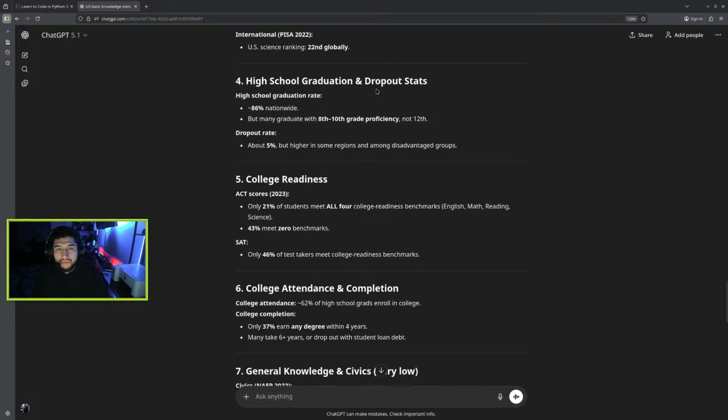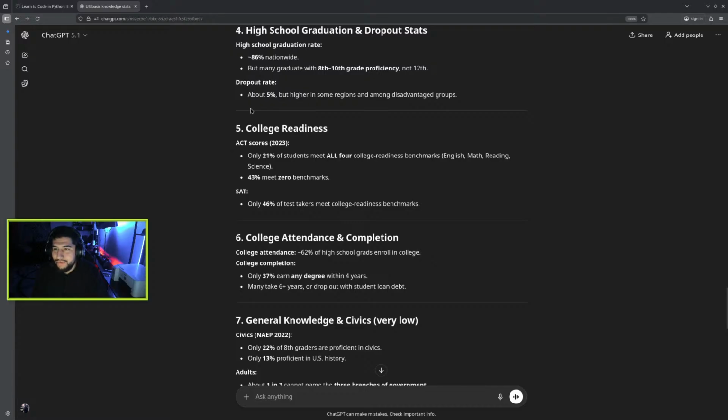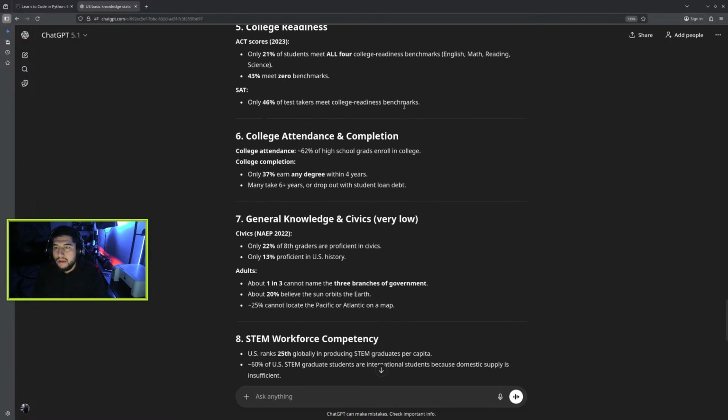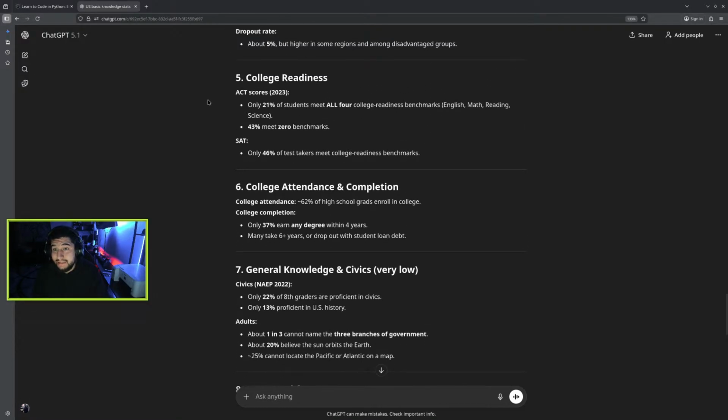High school graduation and dropout stats. High school graduation rate 86% nationwide. But many graduate with 8th or 10th grade proficiency, not 12th. Dropout rate about 5%, but higher in some regions and among disadvantaged groups. College readiness, ACT scores: only 21% of students.